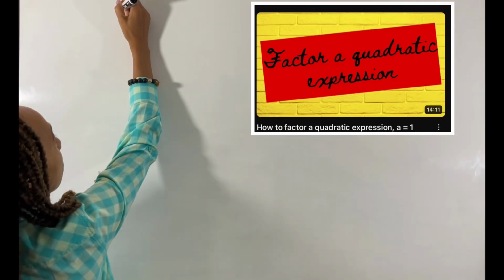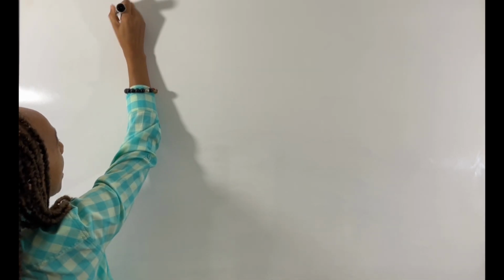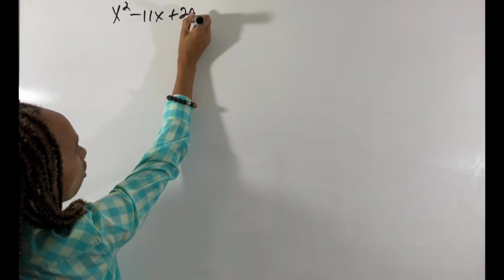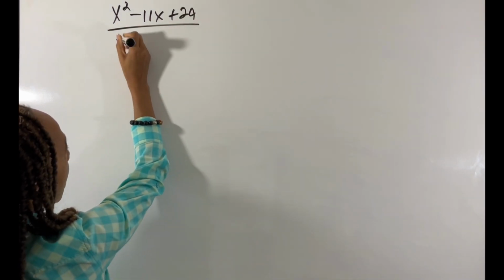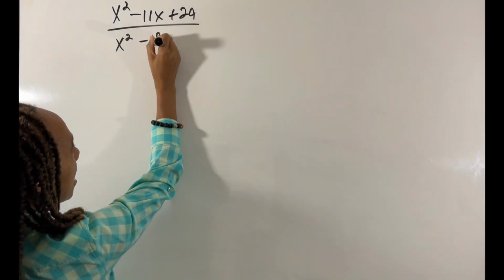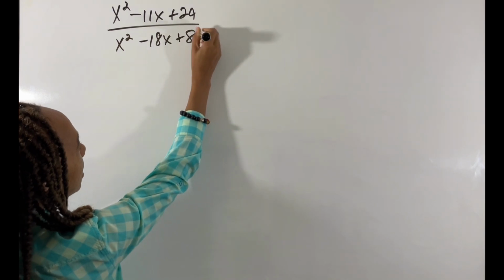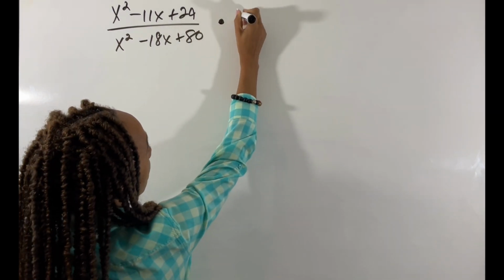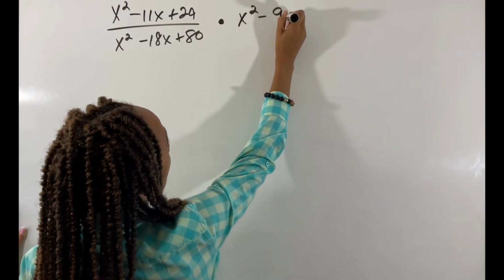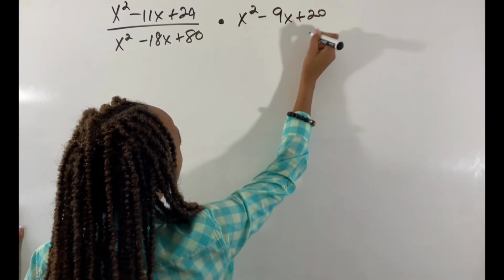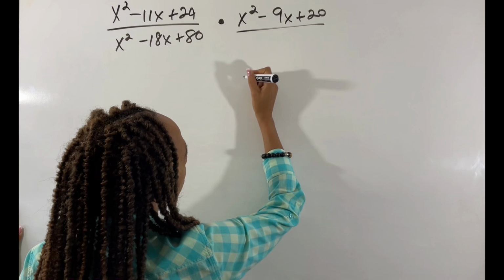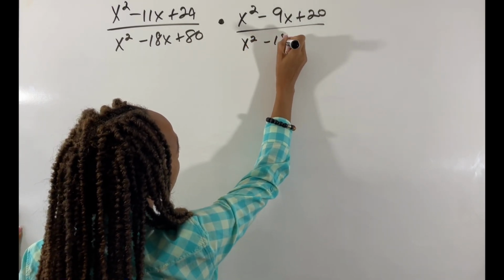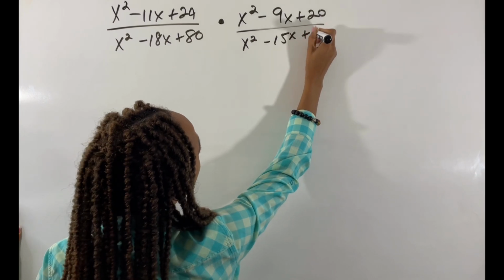That example is x squared minus 11x plus 24 over x squared minus 18x plus 80, and we're going to multiply it, and I'm using a big dot here this time, by x squared minus 9x plus 20 over x squared minus 15x plus 50.